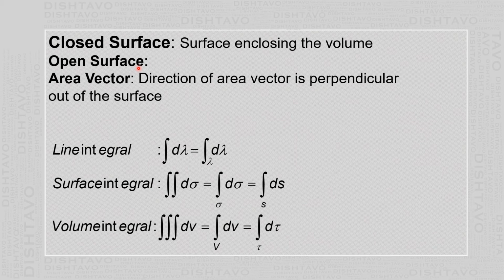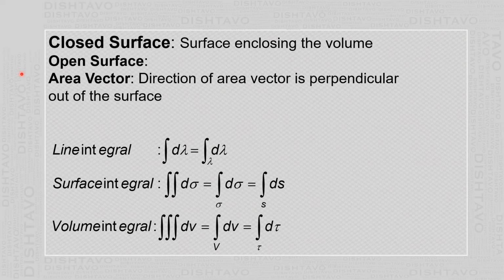Now this closed surface or open surface has an area, a surface area. Normally, area is a scalar quantity. It does not have a direction. But sometimes, for mathematical purposes, especially in some formulas to express certain quantities, the area is to be represented as a vector.